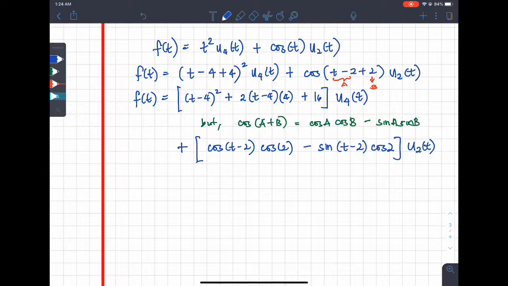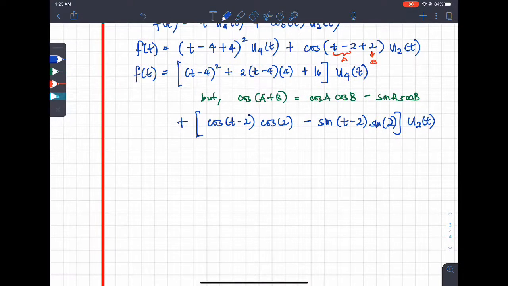In here, it's already properly shifted. So we'll have a t minus 2 and then just a constant cosine 2 and sine 2.